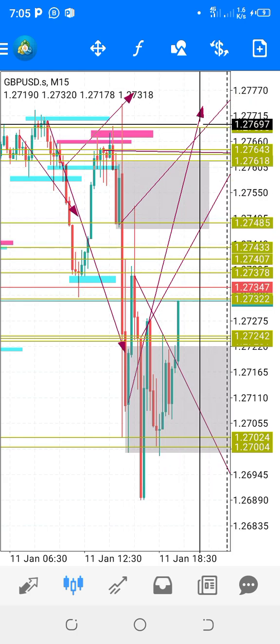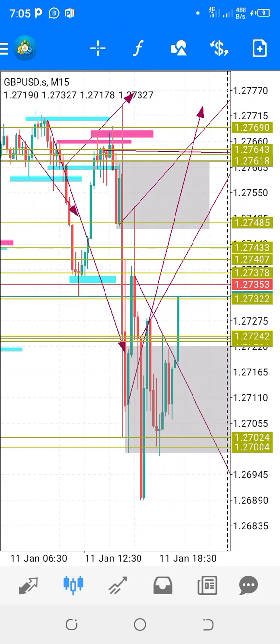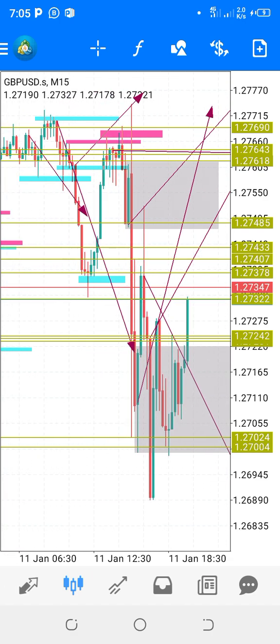So, right now, I have so many things on my chart that might confuse you. So, I'm going to remove everything here.